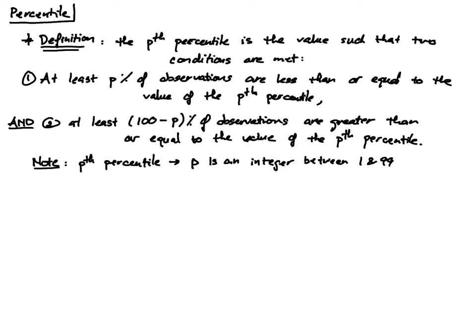In other words, p can take on values such as 1, 2, 3, all the way to 99. So now, how do we actually find the value of any p percentile? Let's get to that.